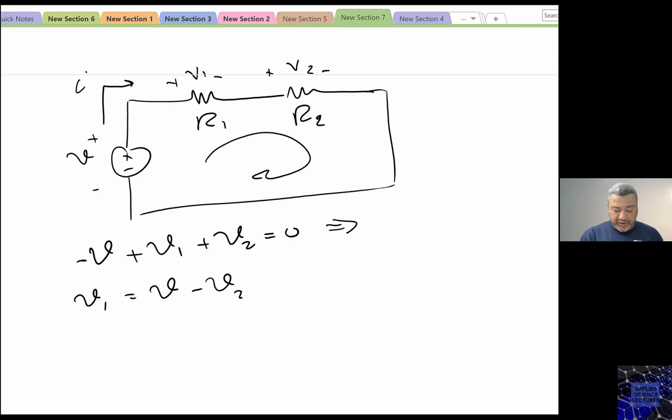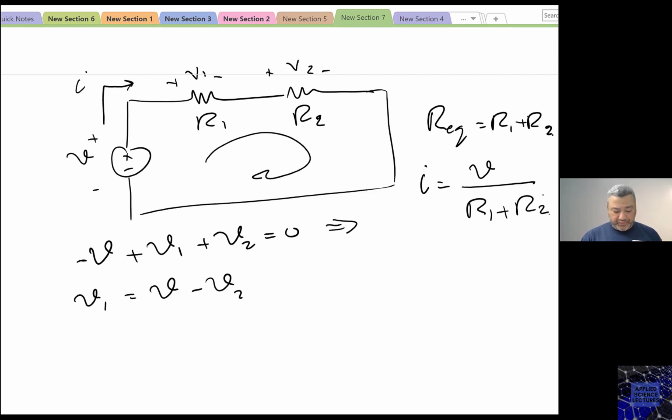However, you have to be careful here that the equivalent resistance here is R1 plus R2. So you need to write the relationship here. So what is I? You need to find I. I is V divided by R1 plus R2.